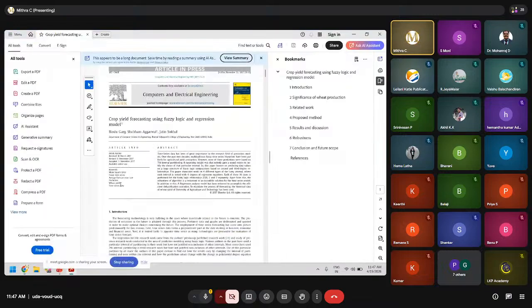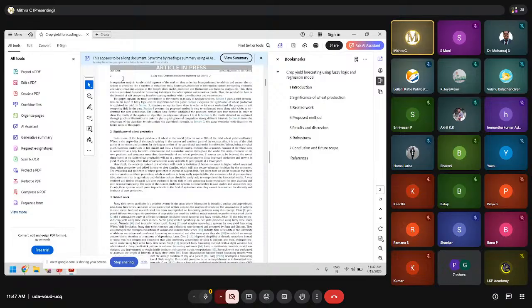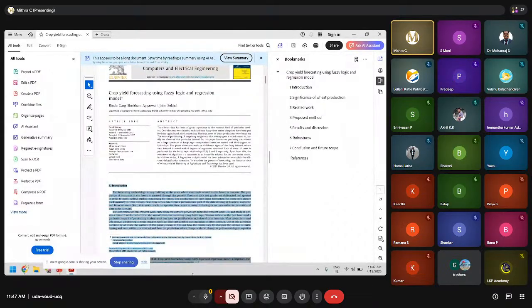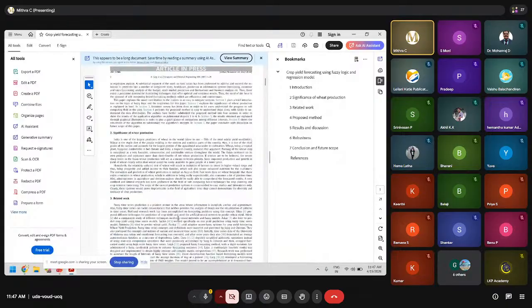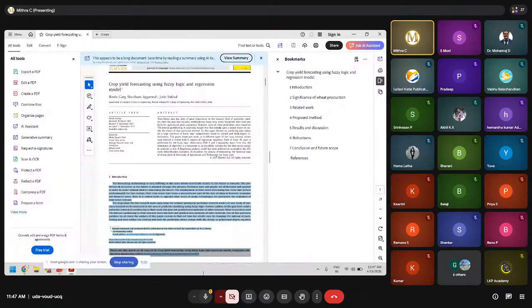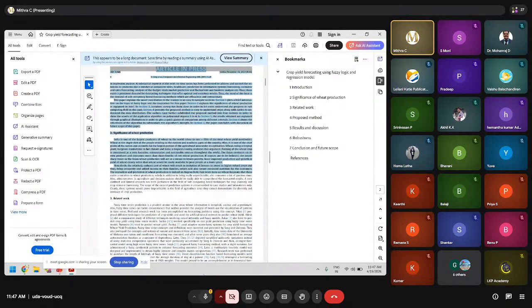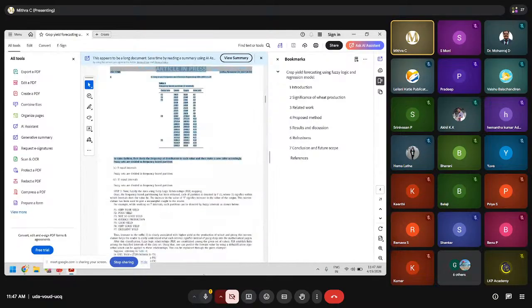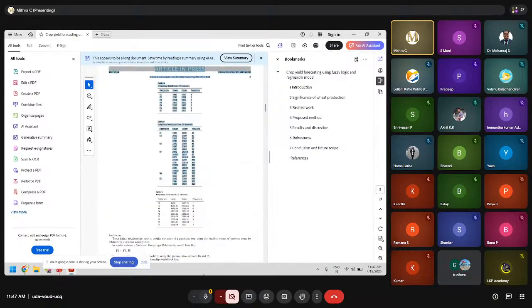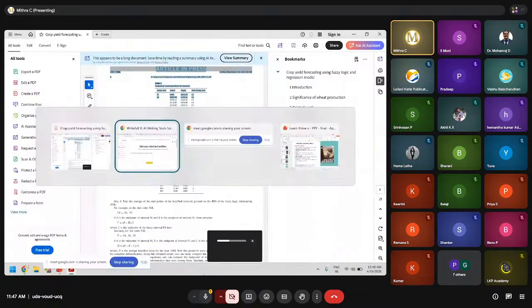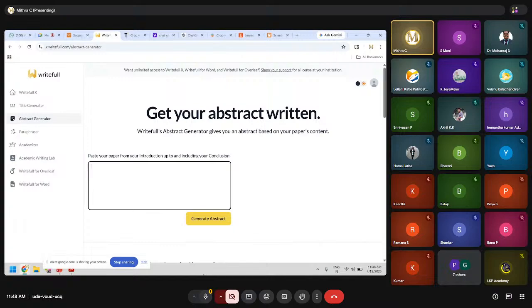I have taken a sample paper, from the introduction, and let me paste a few content over here. Just for your understanding, I'm pasting the content.